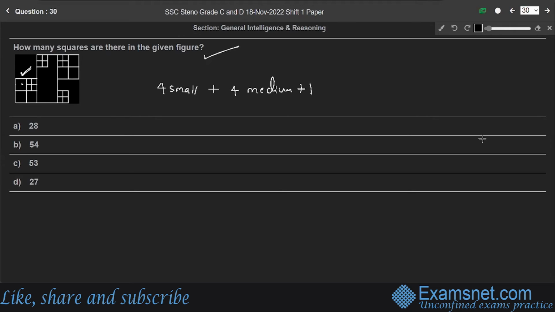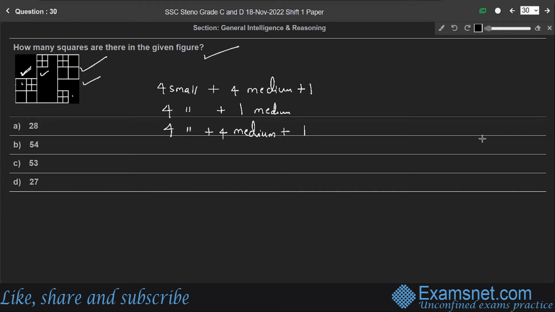So let us consider the second part, this part of the square, in which we have 4 small squares and 1 medium square. So let us consider this part of the given figure in which we have 4 small squares plus 4 medium squares plus 1 big square.